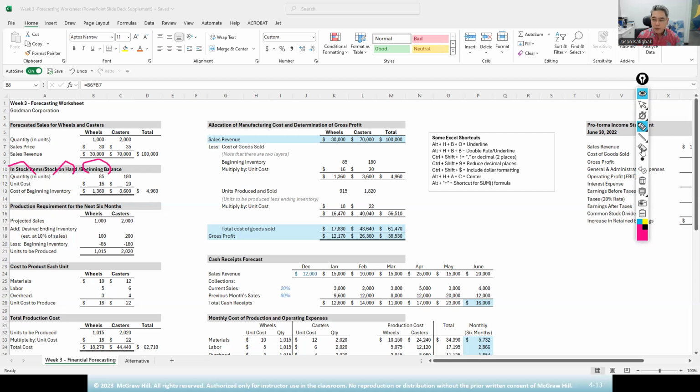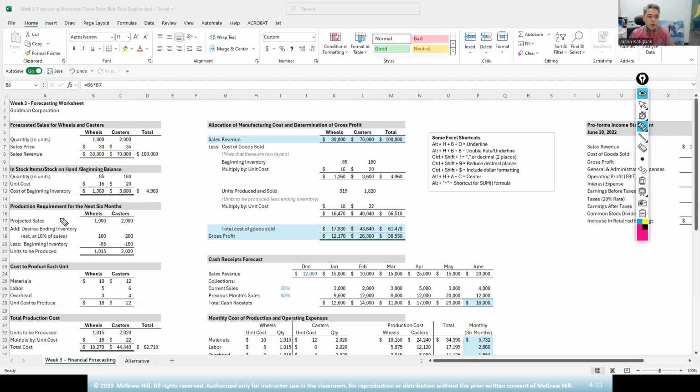That would be your quantity here multiplied by the unit cost. When you add for wheels and then casters, casters is on the second column, and the total is 4,960, or basically 5,000, right?